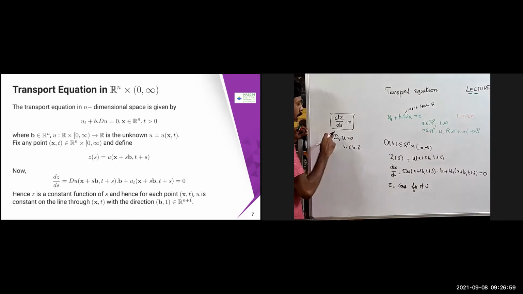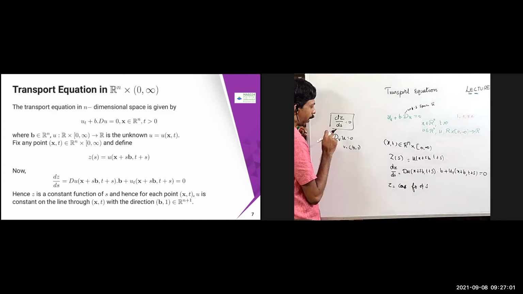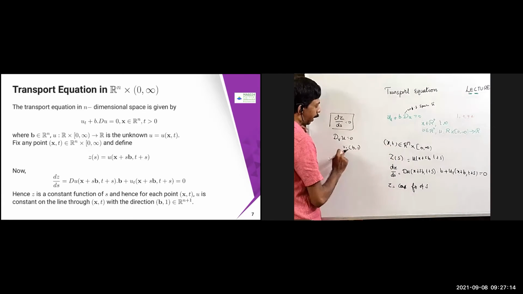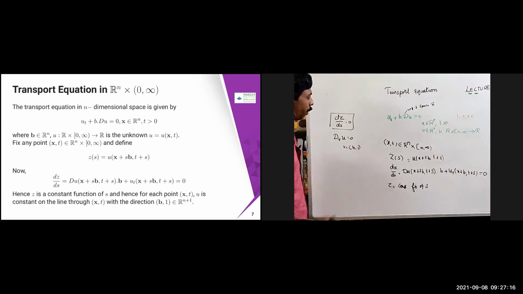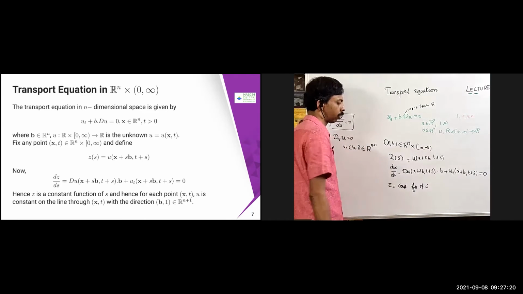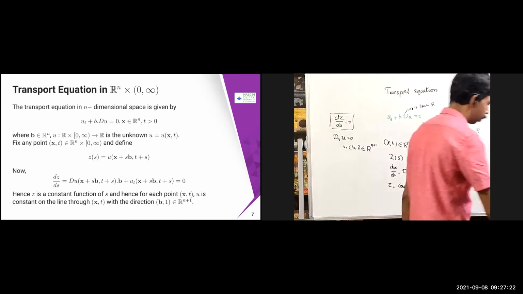So your directional derivative is going to be 0 along the direction v = (b, 1). So u is constant on the line through the point (x, t) with the direction v = (b, 1), which belongs to R^(n+1).